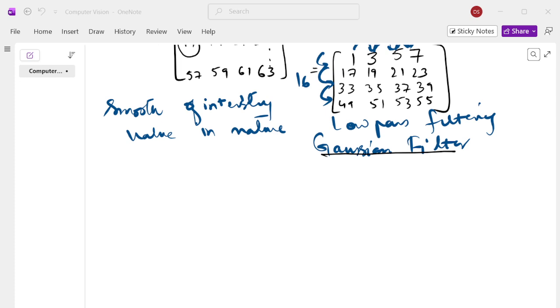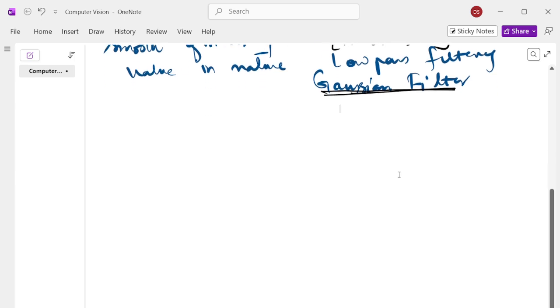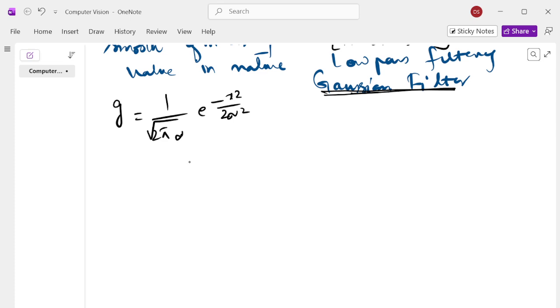Okay, now let's start talking about the Gaussian filters. Gaussian filters are generally based on the equation g, which is 1 over 2 pi sigma e raised to power minus x square over 2 sigma square.